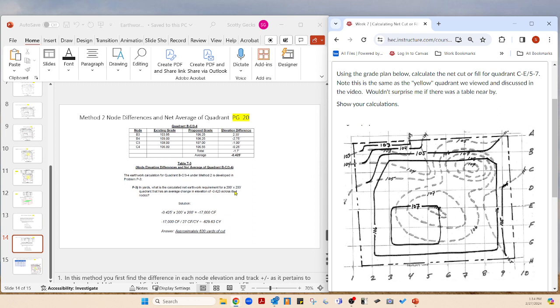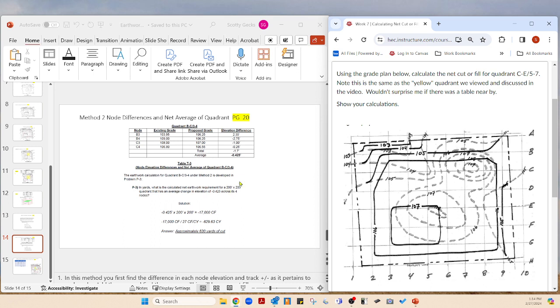And it says right here, what is the calculated net earthwork requirement for the quadrant that has an average change in elevation? This is your average change in elevation. That's found by adding these and dividing by 4, and you get minus 0.425.